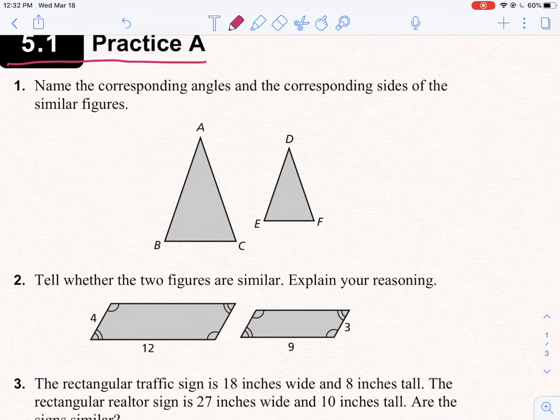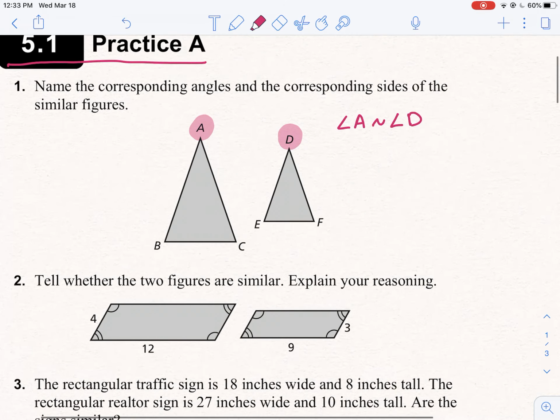Okay, so first, name the corresponding angles and the corresponding sides of the similar figure. So let's assume that triangle ABC and triangle DEF are similar. Whenever you work with this, you're just going to work with the one that looks the same. So angle A corresponds to angle D, and then angle B and angle E, C and F. You can kind of see the pattern for it.